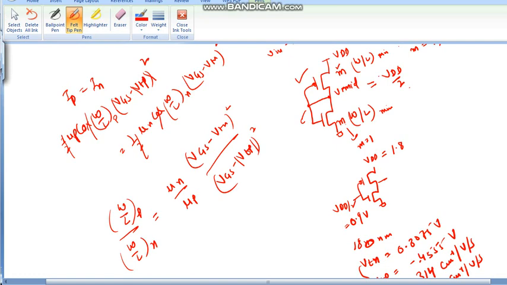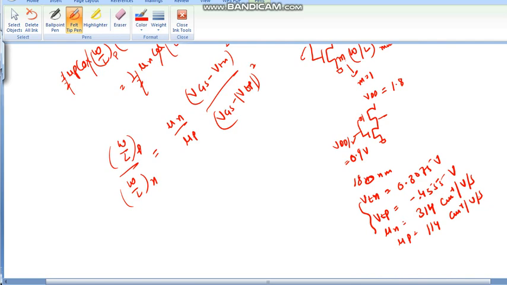So we will put these values of threshold voltage in this equation.